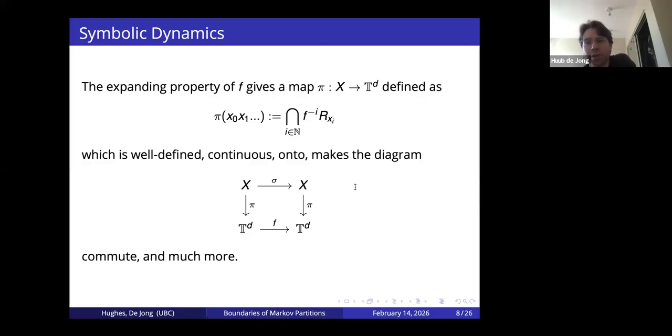Basically, in most ways that you would want to study a toral endomorphism, we can obtain a lot of that from just this symbolic coding when it exists. This map preserves entropy. It's one-to-one on a dense G-delta set. For the argument in the Hausdorff dimension that we'll see, we're going to use this symbolic coding, so I will touch a little bit more on that later.